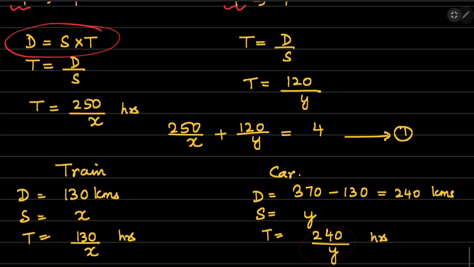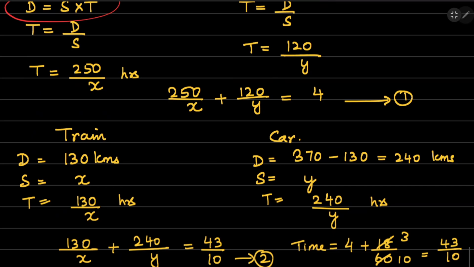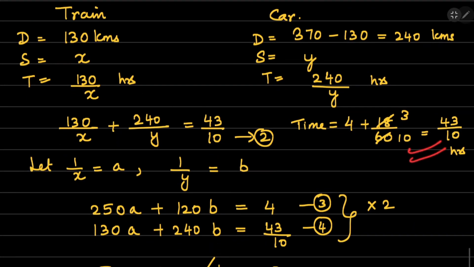Now if he travels 130 kilometer by train and the rest by car, it takes 18 minutes longer. So you have to divide it by 60 and convert it into hours. Already it takes 4 hours plus 18 by 60. So when you convert it into hours, you're getting 43 by 10.